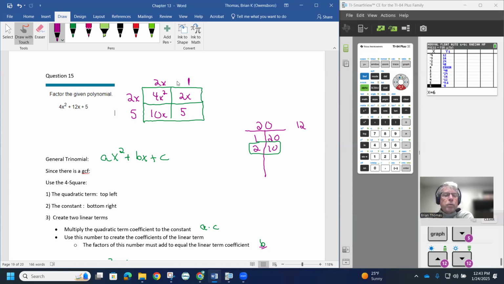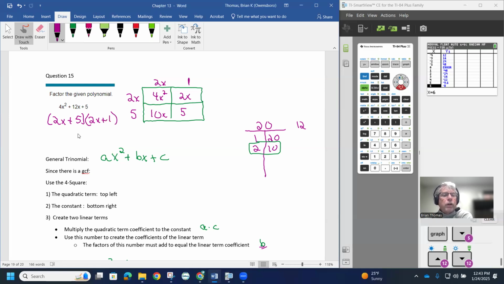The outside edges become our 2 factors. In parentheses, I put the first binomial, the 2x plus 5, and then multiply that by the other factor, the 2x plus 1. Again, if you use FOIL, it should check out.